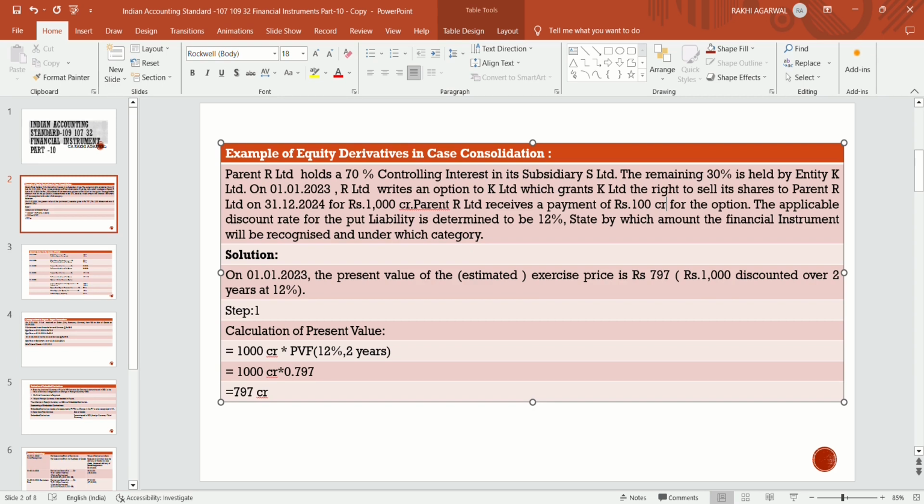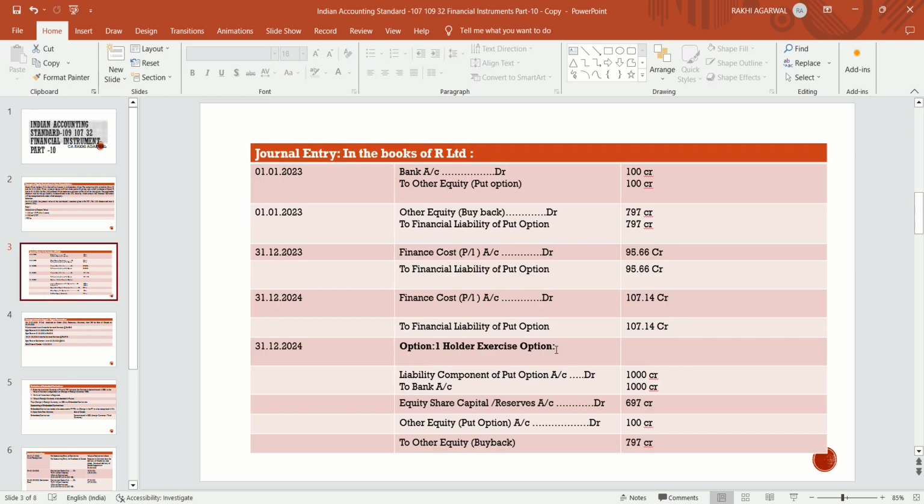Recognize today a financial liability, because R Limited has to pay cash to K Limited if K Limited exercises the option after 2 years, so R Limited will create a financial liability today. So the journal entries in the books of R Limited on 1st January 2023: at the time of making the contract, it received 100 crores.